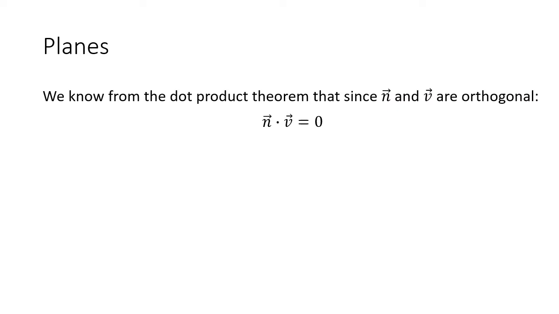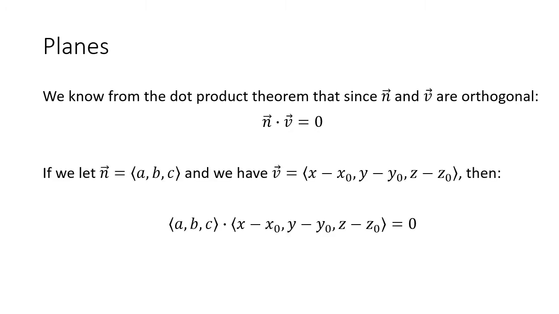Now for the mathematics. We know from the dot product theorem that if two vectors are orthogonal, which in this case the normal vector and any vector on the plane must be orthogonal, then the dot product must equal 0.